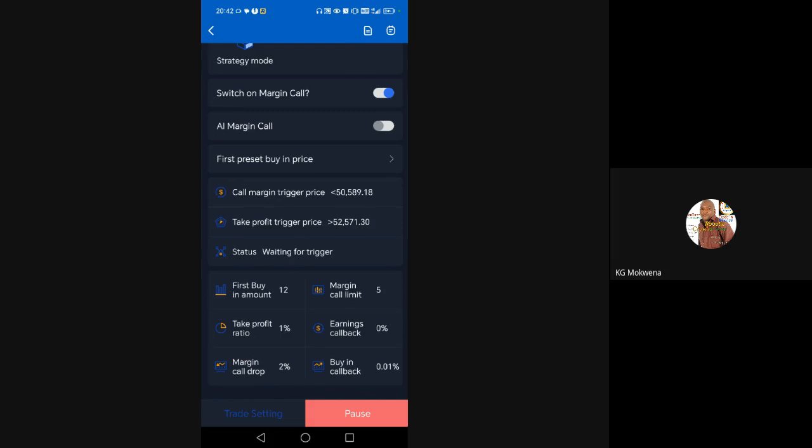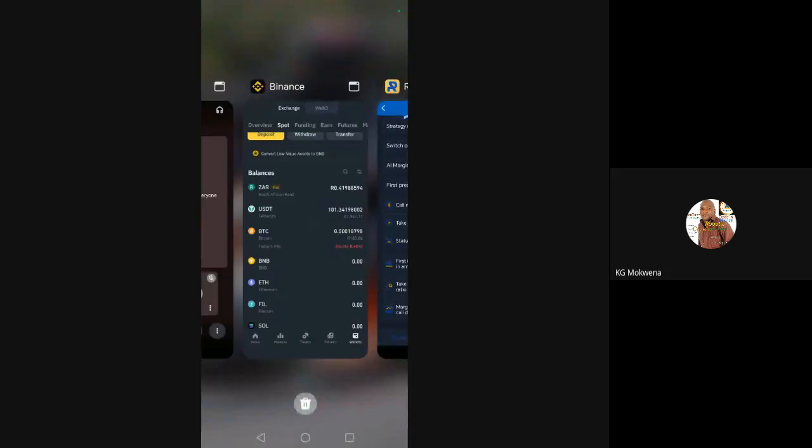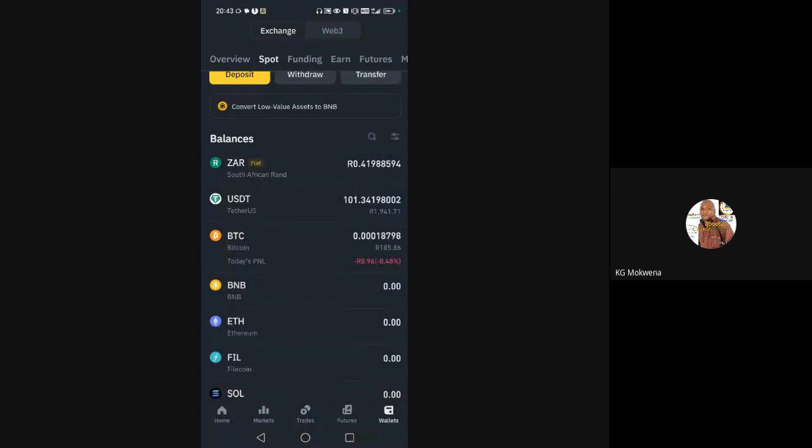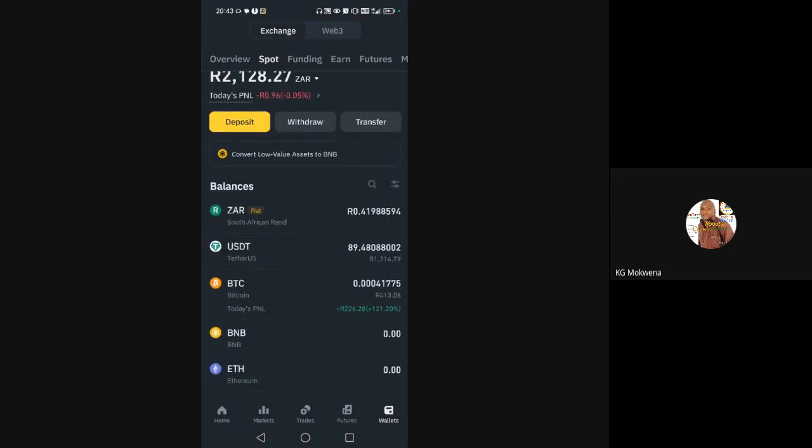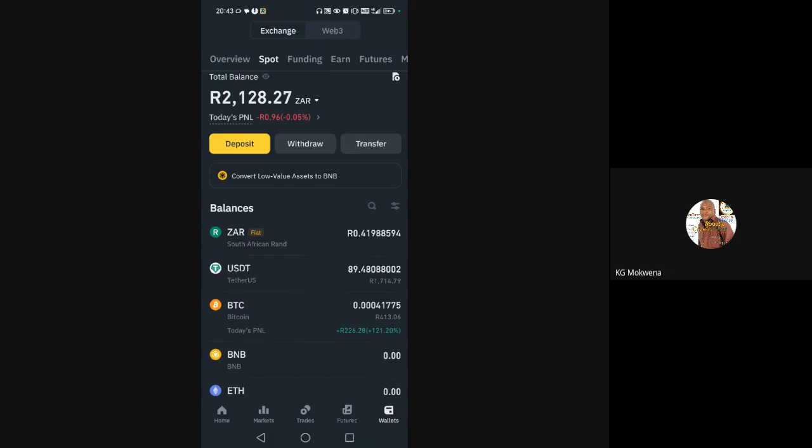Okay, it's okay. So now let's go to your Binance because it's there. It's not far. Let's go to Binance and confirm what we're talking about. Now, yes, thank you for refreshing. Now you can see that there's been a reduction in your USDT amount. Can you see that? It's now 89, no longer 101.